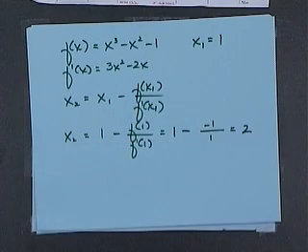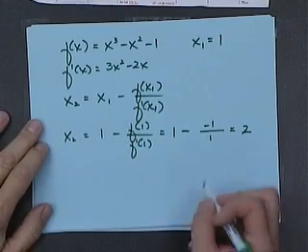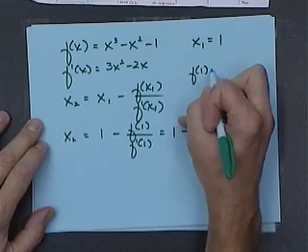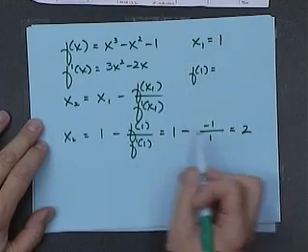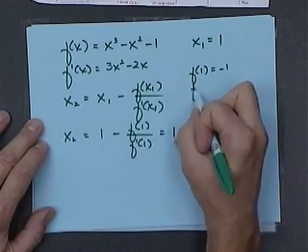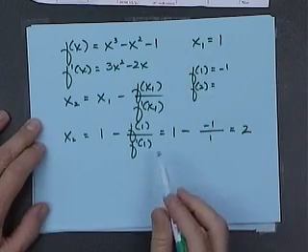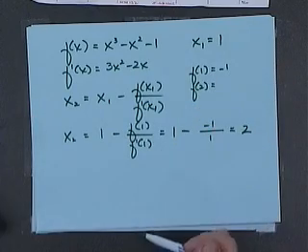Do you think the root is actually somewhere between 1 and 2? Yes. Do we have a way of determining that? What did we get for the f of 1? Negative 1. We're going to have to find the f of 2 anyway if we go any further.